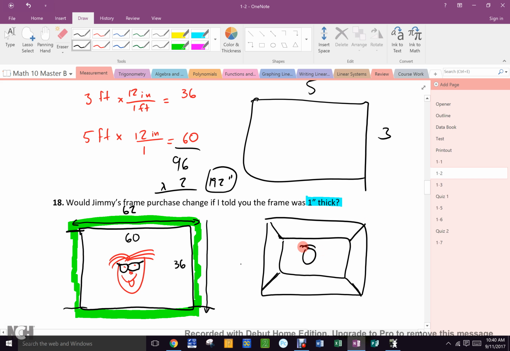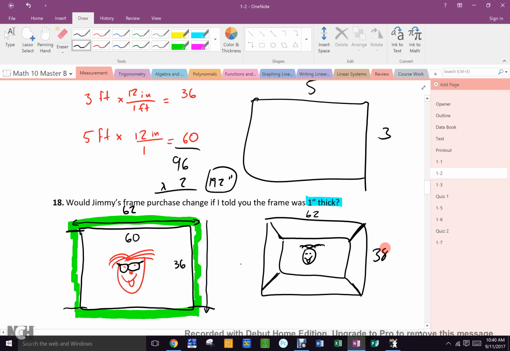Here's me. Right? Then what do I need across the top? Then I need the whole 62, don't I? And what do I need down here if I put diagonal corners? I need 2 more, so it would be 38, wouldn't it?